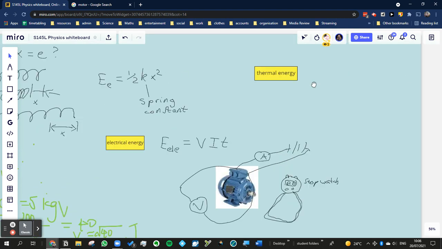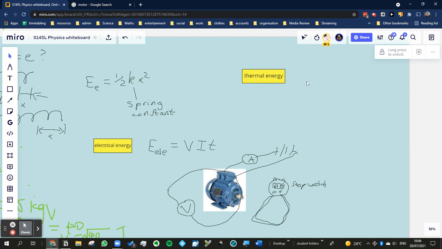So thermal energy, there's a lot of symbols here, so I'll do a key in a moment so we can see what all these V, I, T, k, x and all that is. But let's just write these down first. So the thermal energy, which I'll do E subscript T, is equal to the mass of an object.